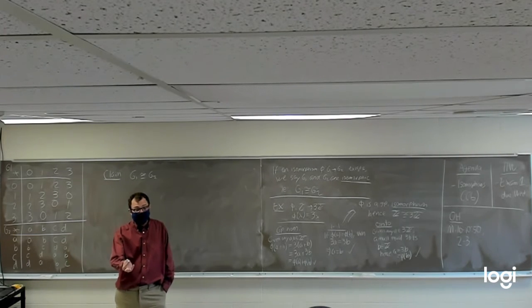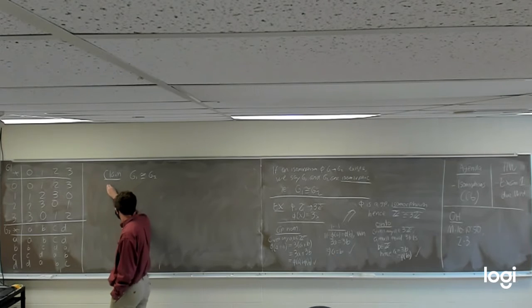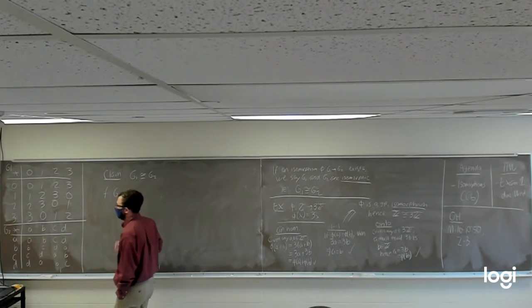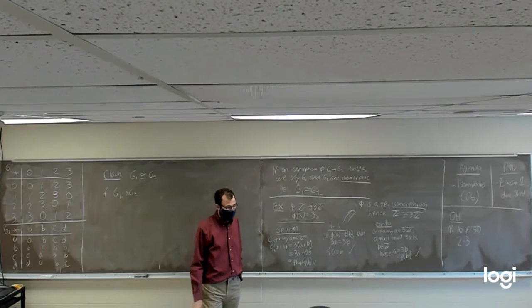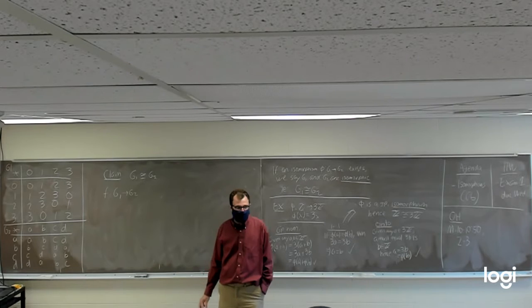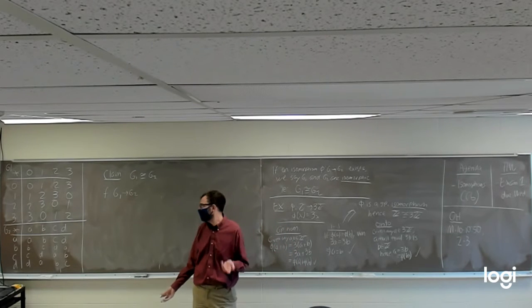Gabe, what's your favorite name for a function? F. Okay. Let's construct an isomorphism from G1 to G2, which we'll call F. Since our second group in particular isn't something we can handle with a nice formula, in order to define our function F, we basically just need to say, what does f of 0 equal?